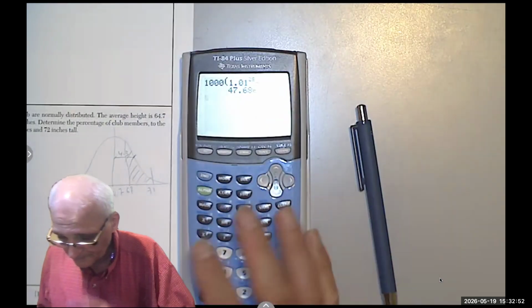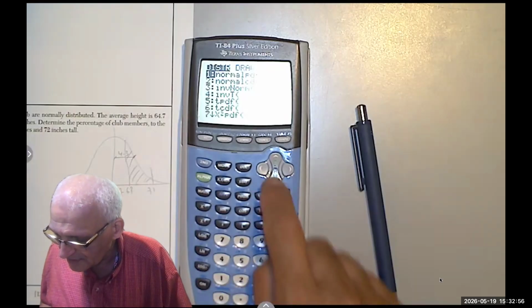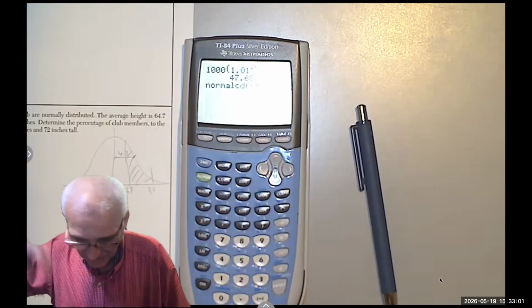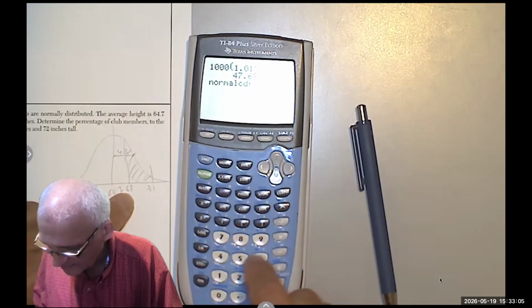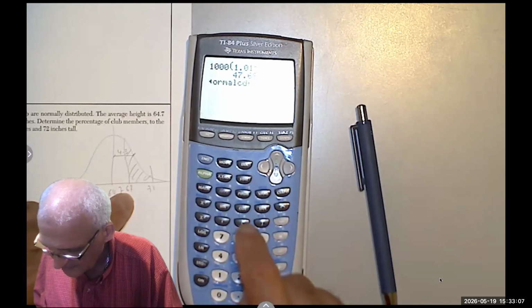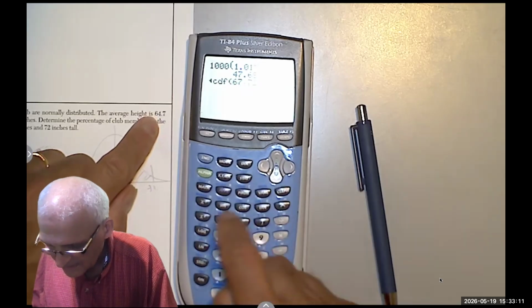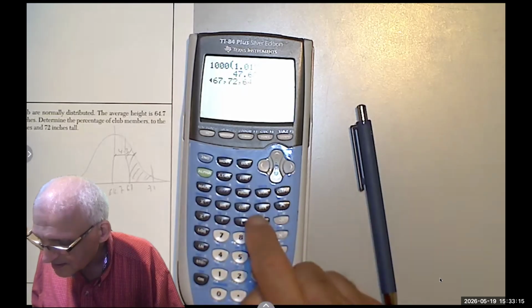So I can go to distribution, normal cumulative. I think you enter the minimum first, then the maximum, comma the mean, comma the standard deviation, if I remember correctly.